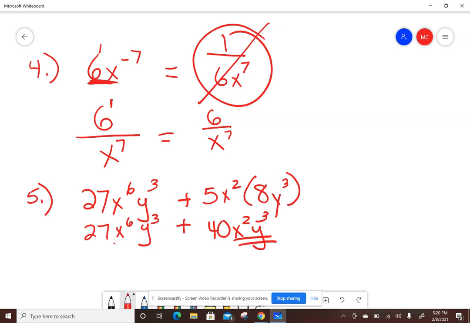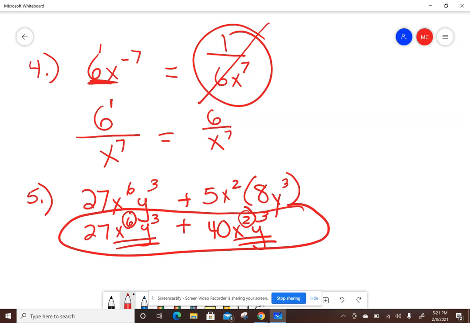Now, these look like similar terms, but they are not like terms because this is x squared, this is x to the 6th. So this is done. There's nothing else you can do. Those two terms cannot be combined. So you are done.